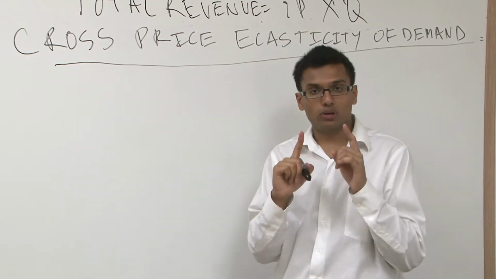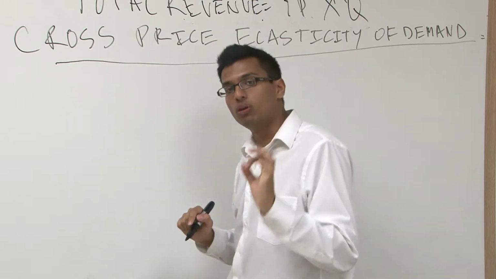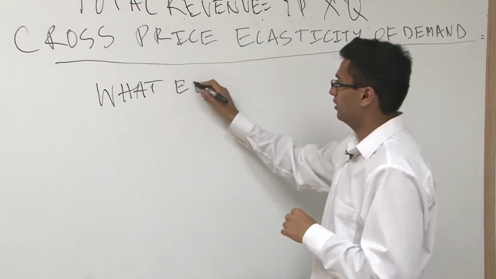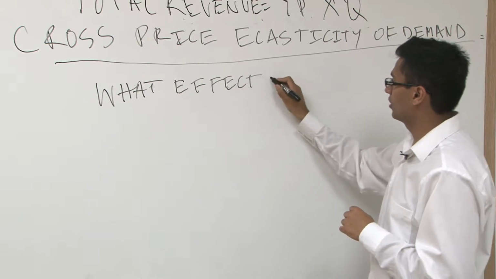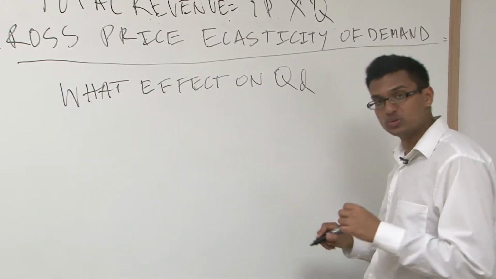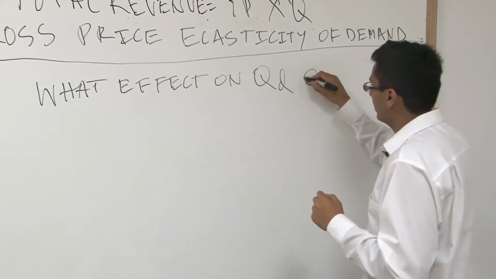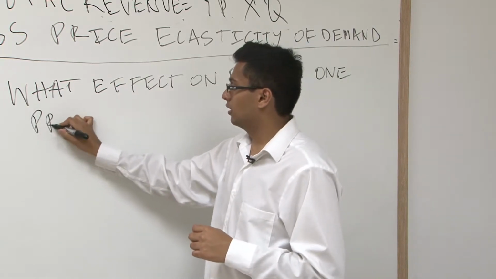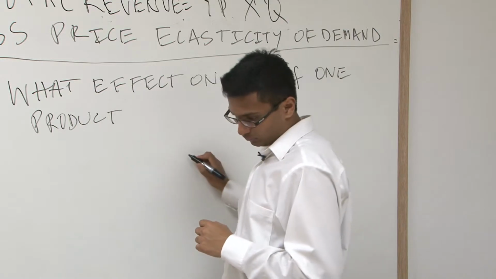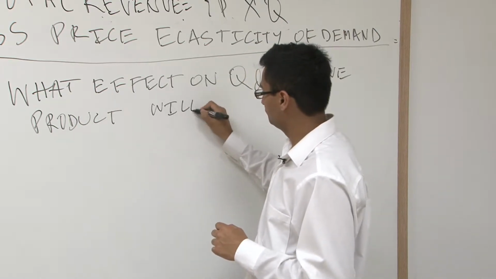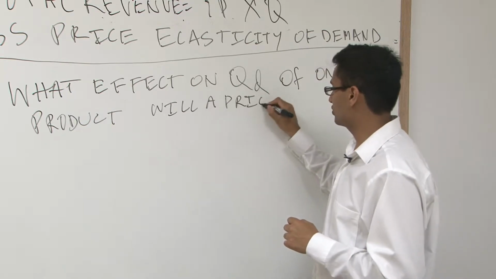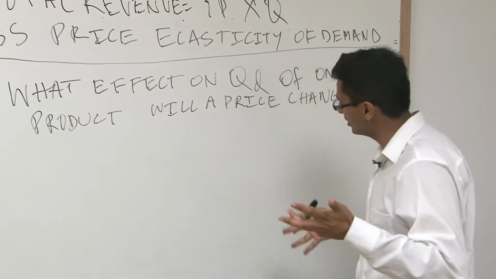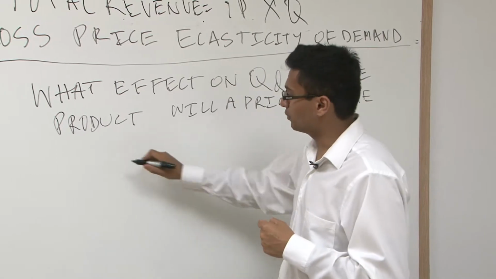It asks one question: what effect on quantity demanded, QD, of one product will a price change in another product have?